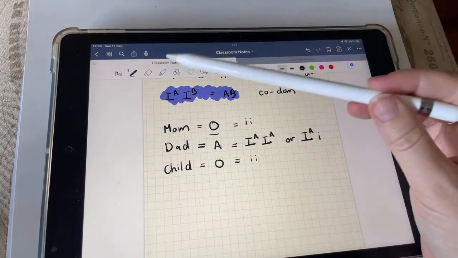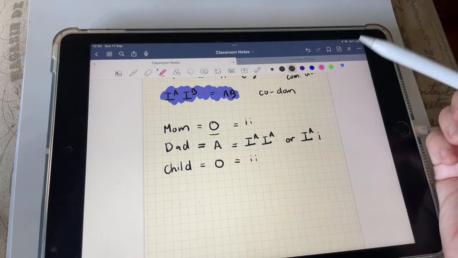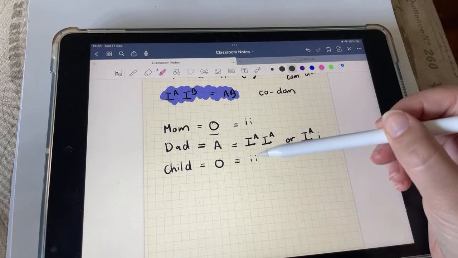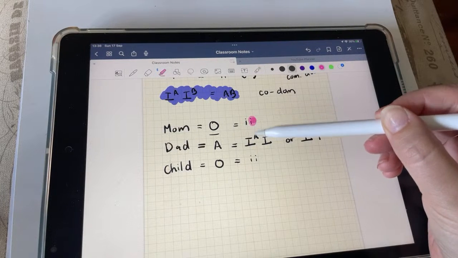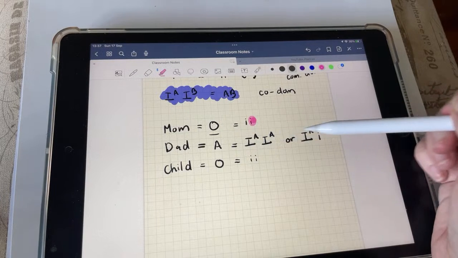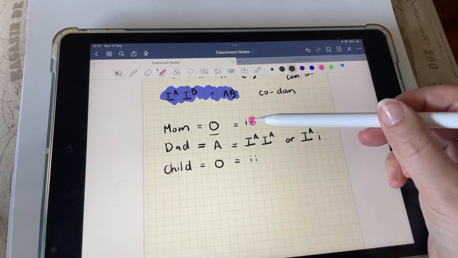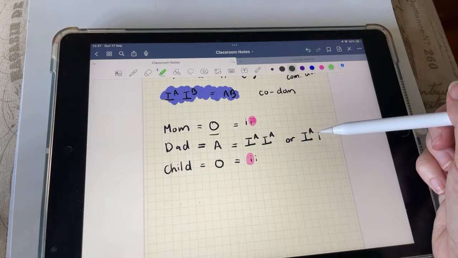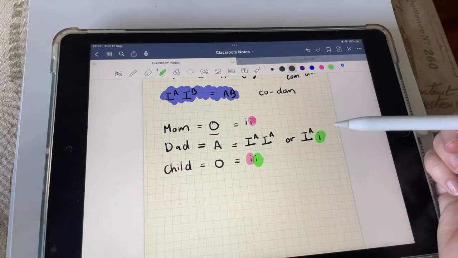Now, according to the law of segregation, which is why we must know our Mendelian laws from Mendel, in order to make this child, mom can only give one i, which is this one. And now, which pair is dad? Is he AA or is he A little i? Well, to make this child, if mom gave this allele here, then that means that dad must be this pair to give this little i.